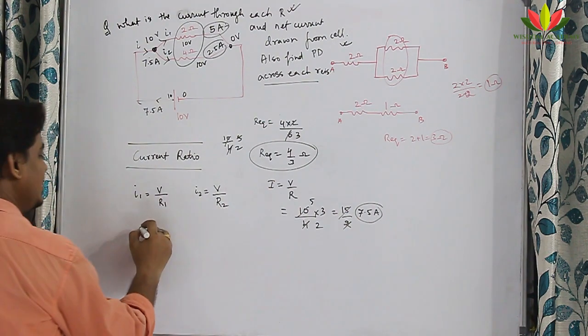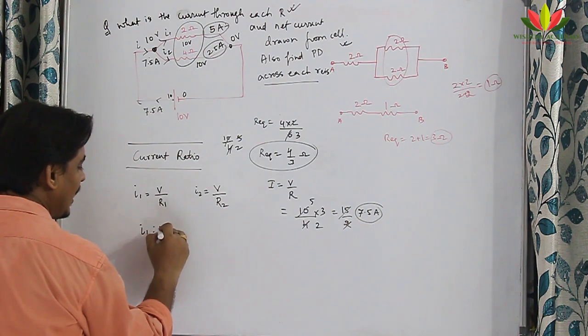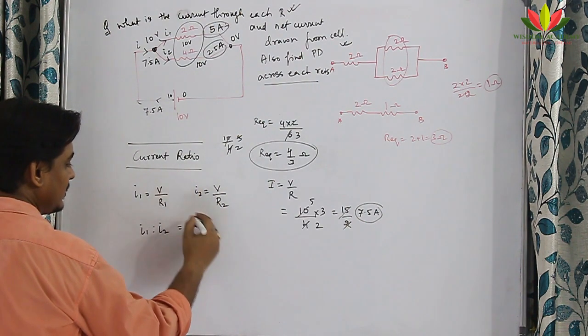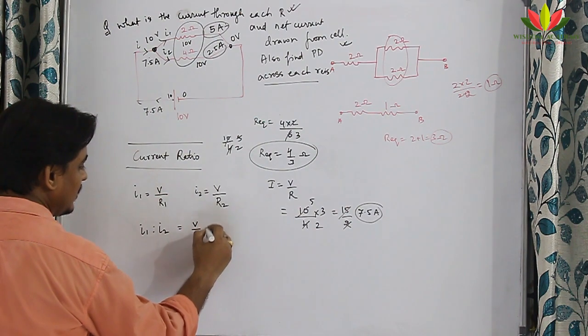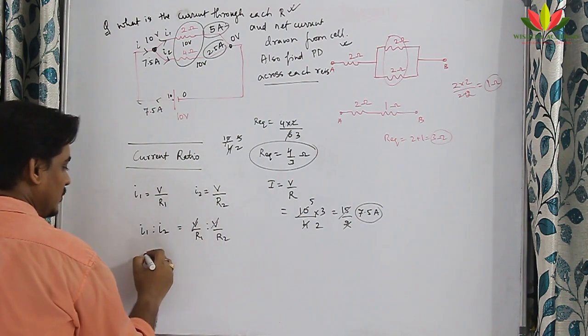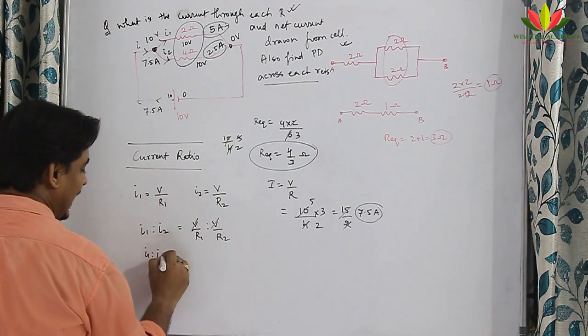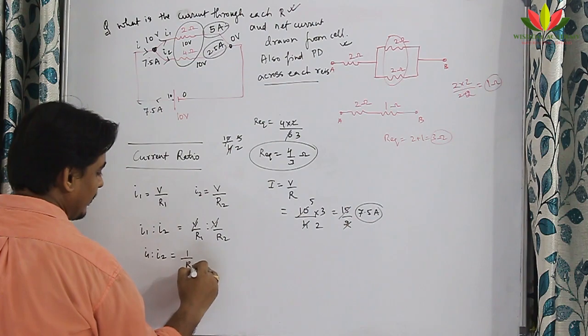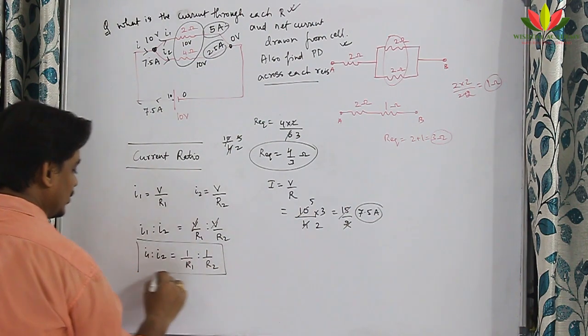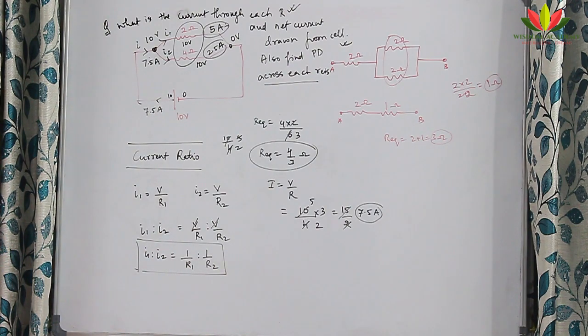So what is I1 is to I2? Divide both. You will get V by R1 is to V by R2, V gets cancelled. So we know I1 is to I2 is equal to 1 by R1 is to 1 by R2. This is the logic.